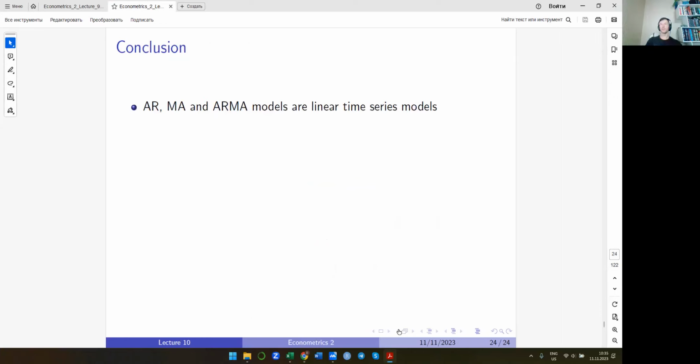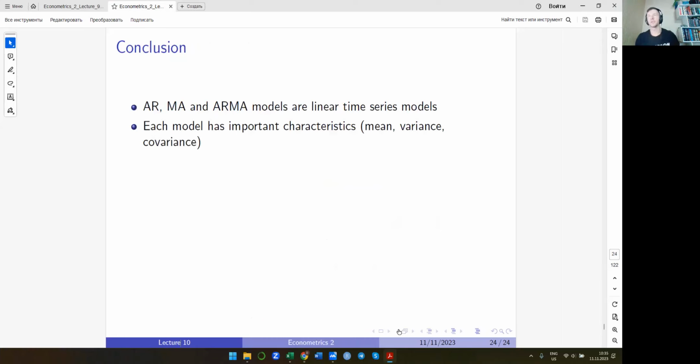Well, we went through 3 classes of linear time series models that have different characteristics. So now your future is going to be to work more with exact examples of such series. This is what you are going to do in the exercise sessions. And you will try to derive again this mean, variance, and covariance of the series.